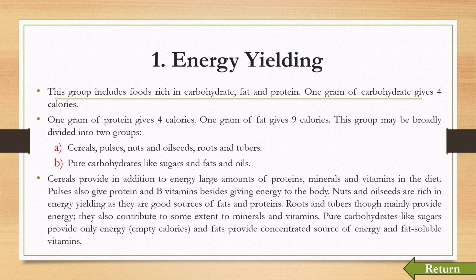Cereals and pulses also add proteins and vitamins, while nuts and oilseeds are energy dense, containing good amounts of fats and proteins. Roots and tubers like potatoes provide energy plus some minerals and vitamins. So, energy-yielding foods keep us active and support daily functions of the body.